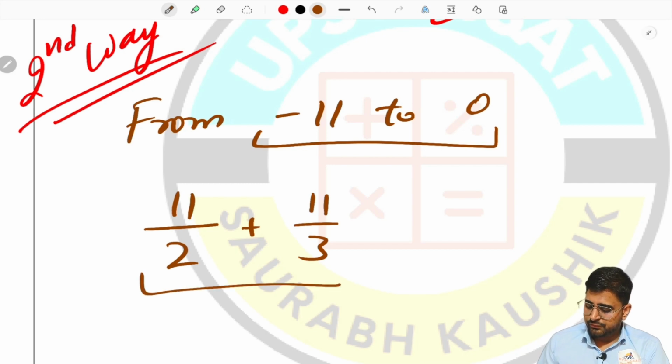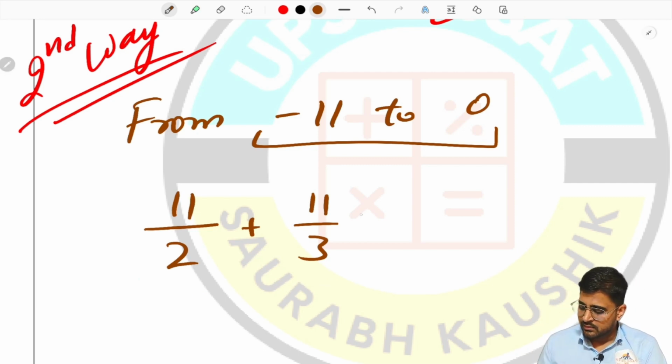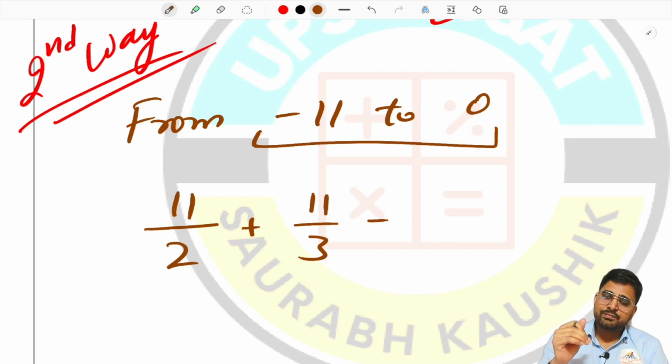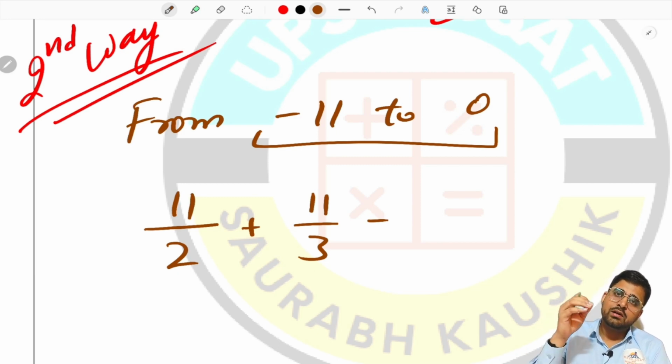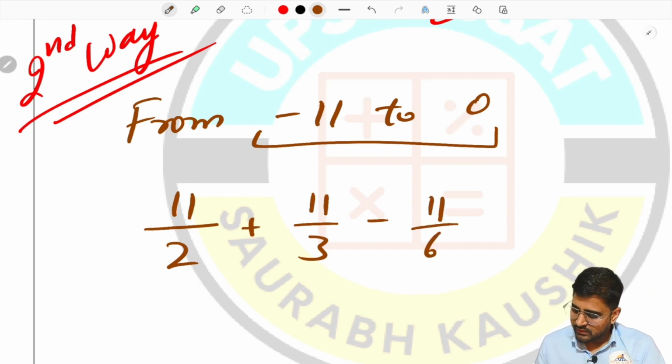Now a few are repetitive because a few numbers are in common between them, right? So reduce them. How? Multiply 3 and 2, it becomes 6. So a few numbers are divisible by both 3 and 2, so reduce them, it's 6.